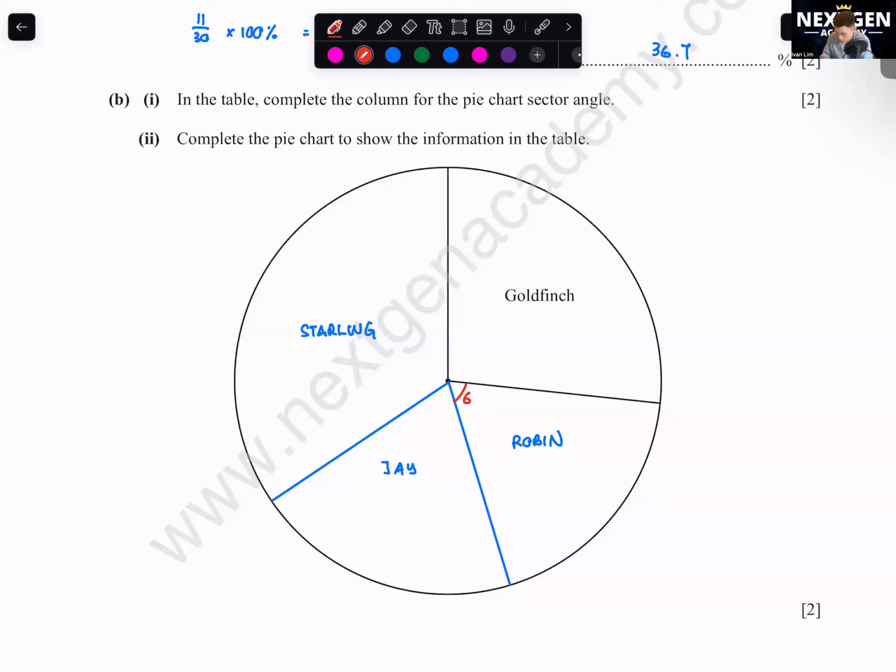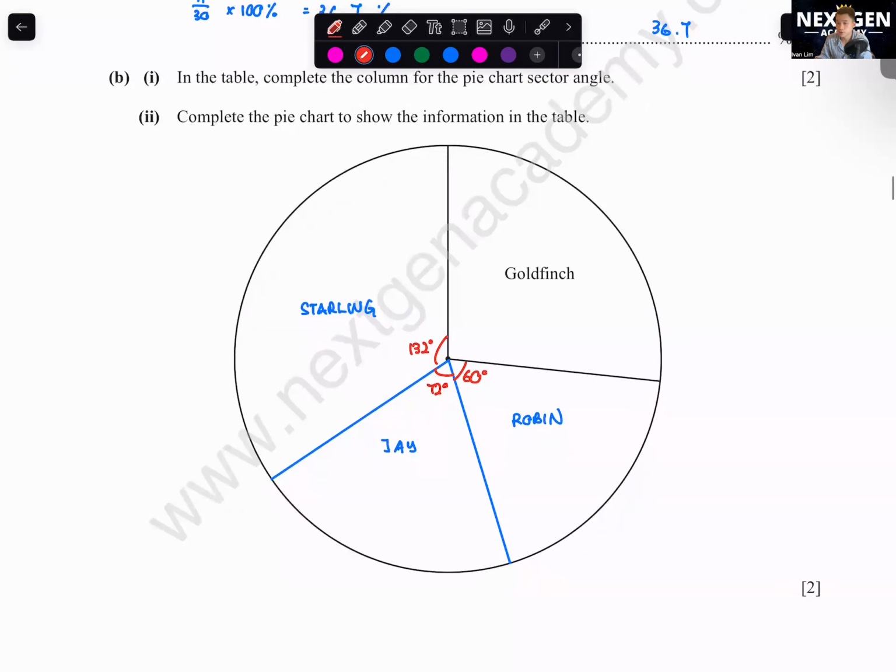Here, label the angle also. Here, 132 degrees. All right. Let's move on to the next one.